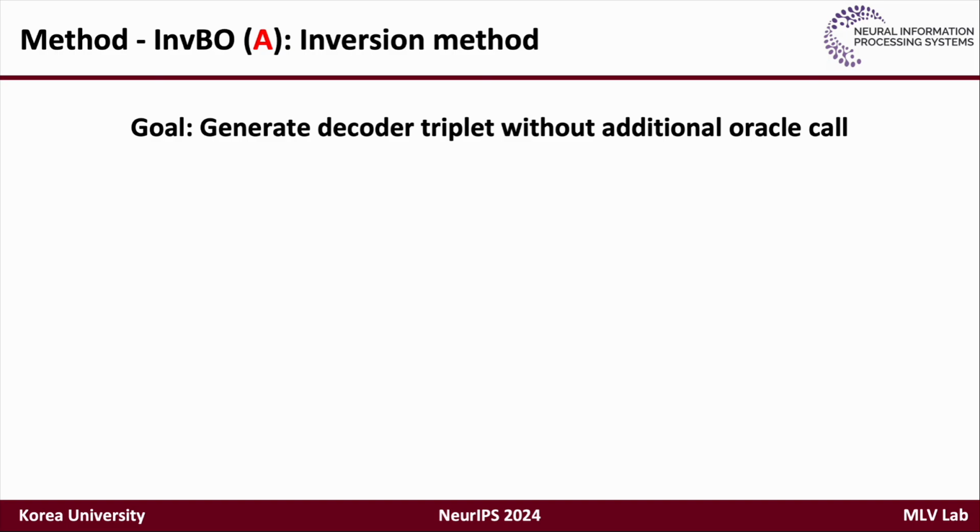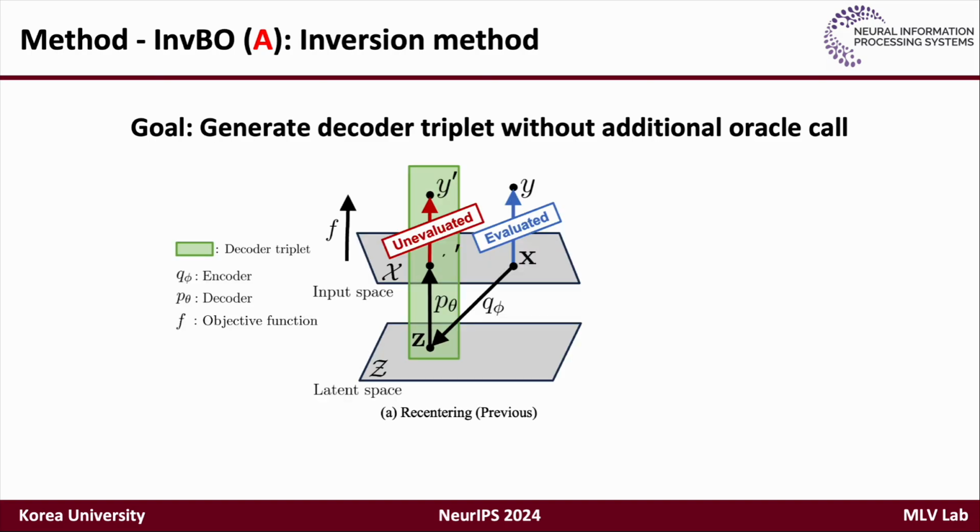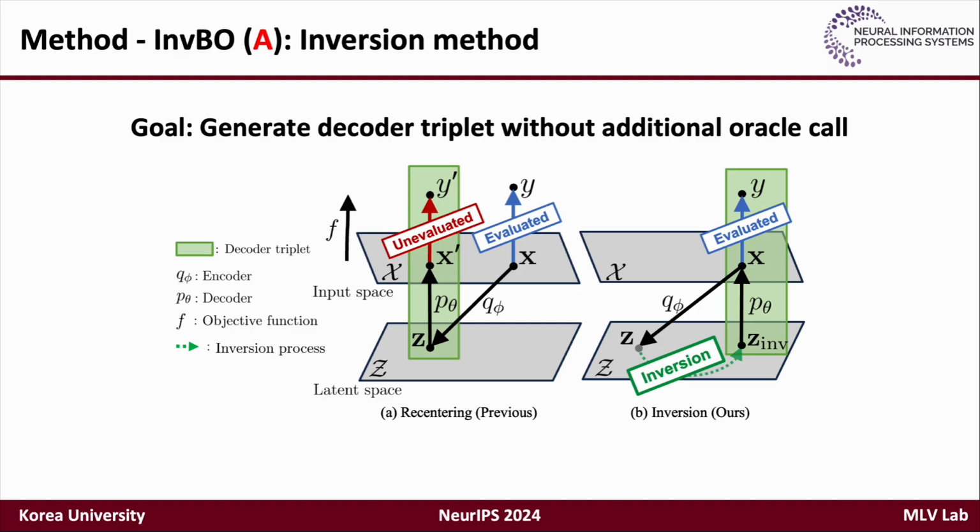The first component of InvBO is an inversion method. The goal of this inversion method is to generate a decoder triplet without any additional Oracle call. As shown in this figure, previous work generates a decoder triplet by consuming additional Oracle calls. However, our inversion method generates decoder triplet without any additional Oracle calls by searching the latent vector that can generate already evaluated discrete data.